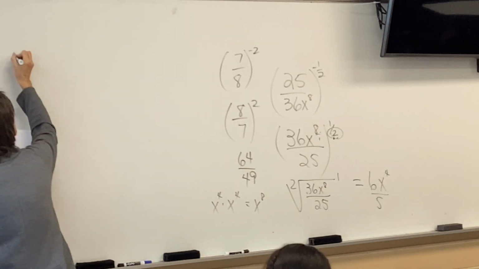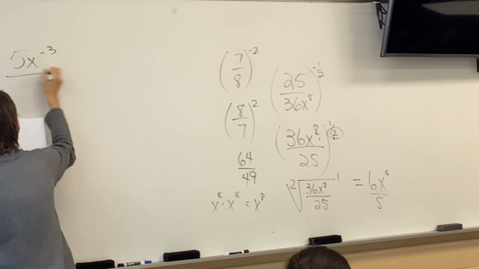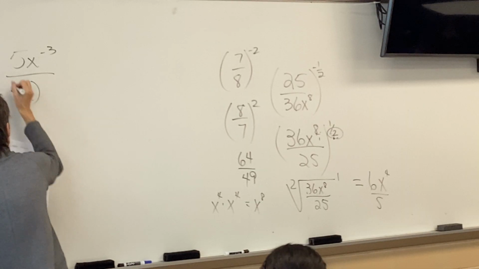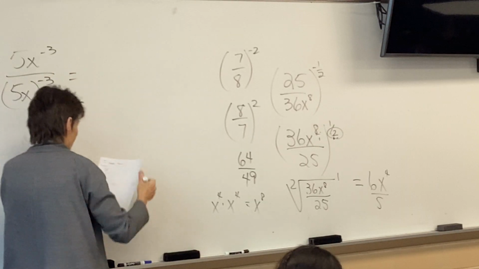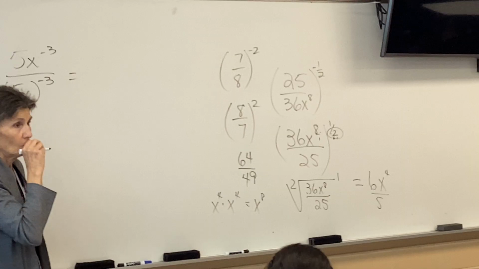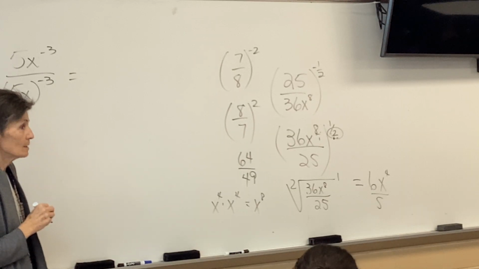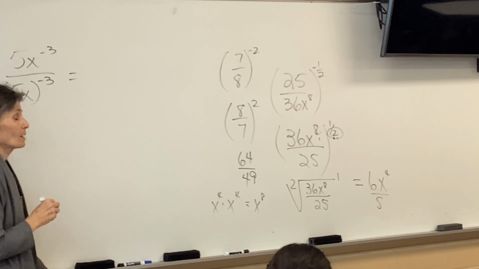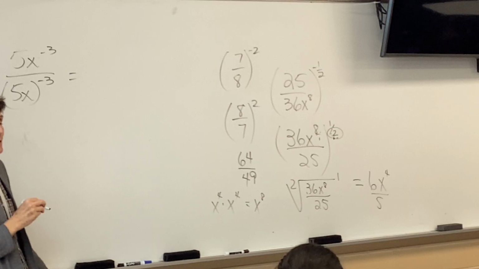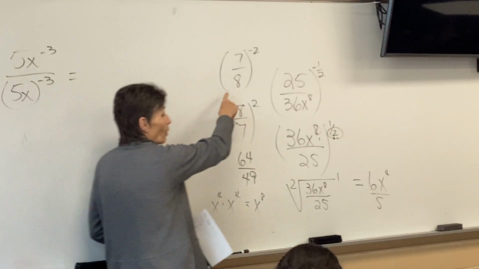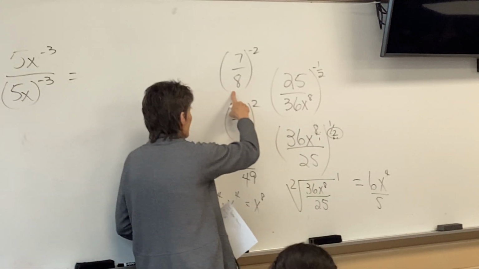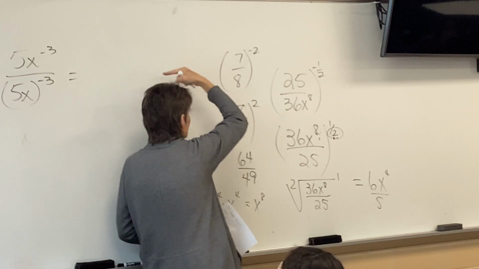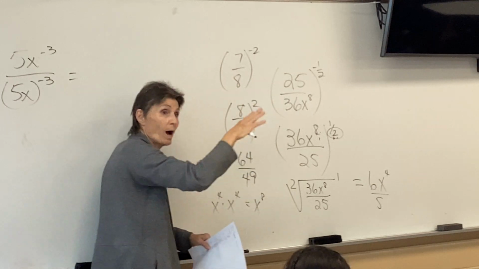All right, 5x to the negative 3rd over 5x to the negative 3rd. Now, be careful. This is not like this one. There are negative exponents in that, but it's not the whole problem.